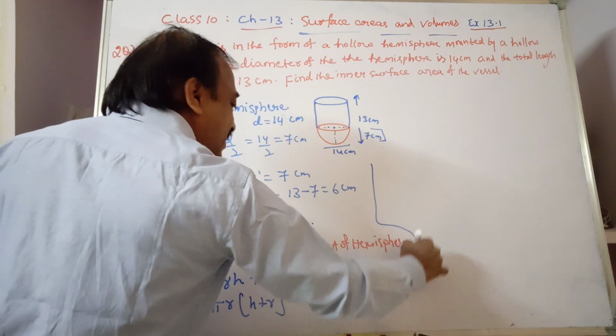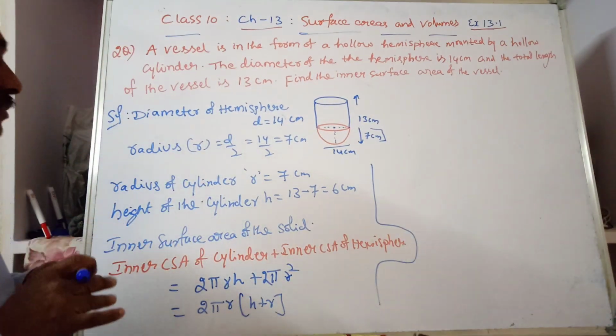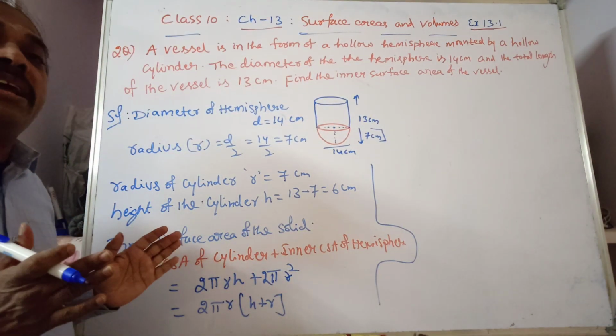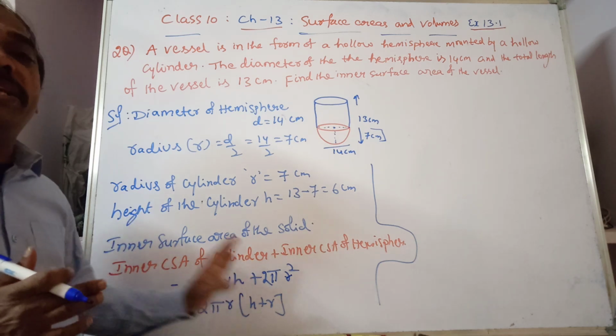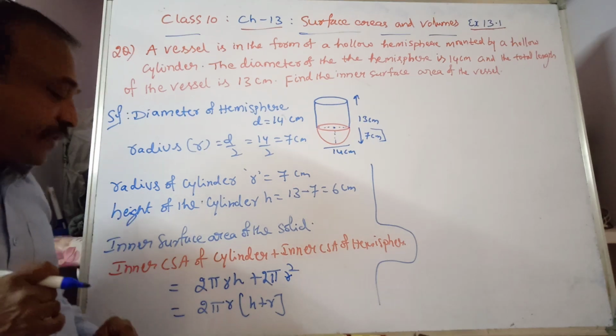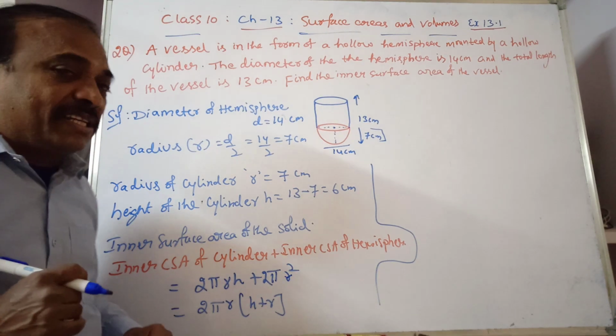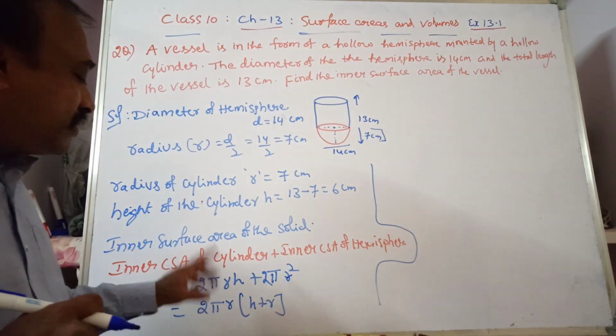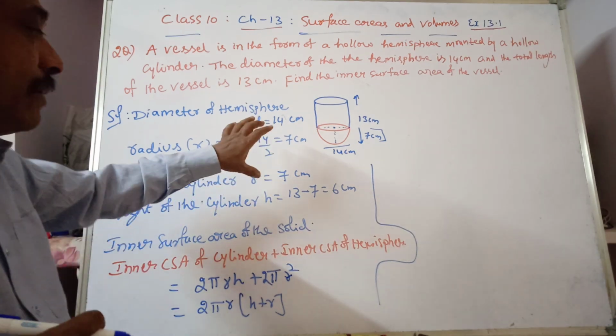It is the easiest way when the numbers are common. If the radius is different, then you cannot take out the radius as common. Here the radius is the same for both, so 2 pi r into h plus r gives the inner CSA of the complete solid.